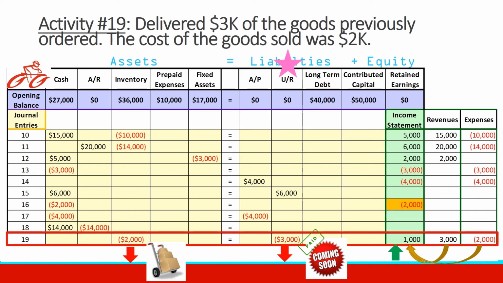We're going to recognize revenues of $3,000 because that's what we delivered in goods. But what's a little different about this transaction is what is the offset to that $3,000. We took in $6,000 and promised to deliver some bikes. We delivered half of them. So we're going to reduce the unearned revenue by $3,000, which is the amount of the goods we delivered.